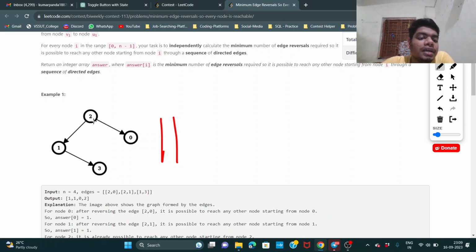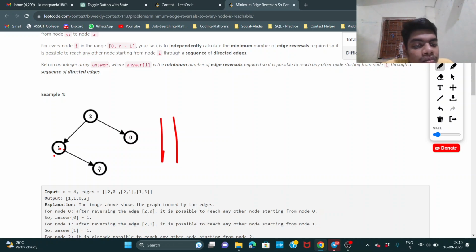See here, I can travel from root 2 to every other node, right? But now consider the root of the tree is 1. Can you reach every other node?